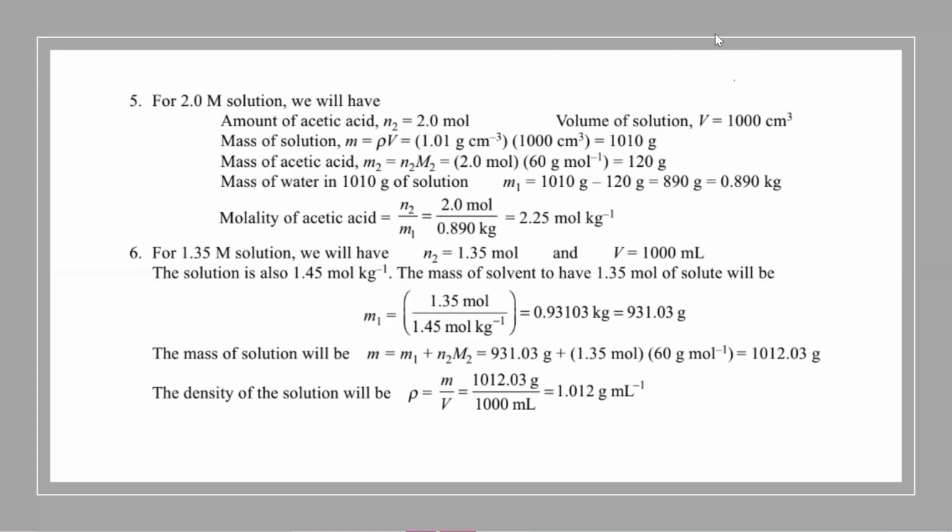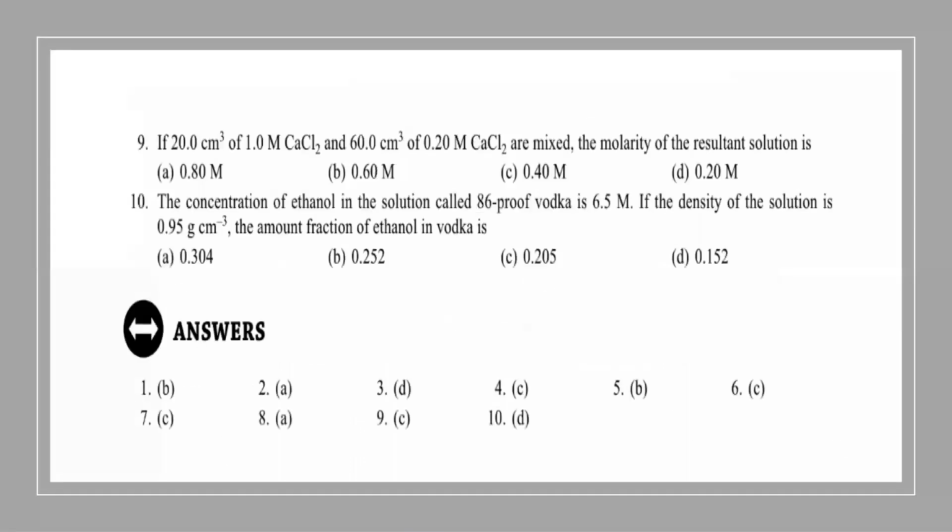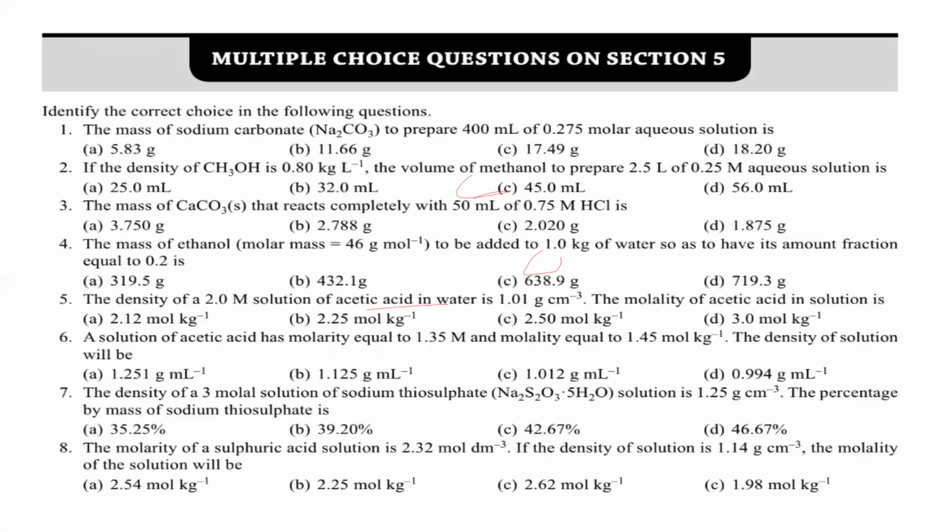Now question number 7. The density of a 3 molar solution of sodium thiosulfate, Na2S2O3.5H2O, is 1.25 grams per centimeter cube. The percentage by mass of sodium thiosulfate is.